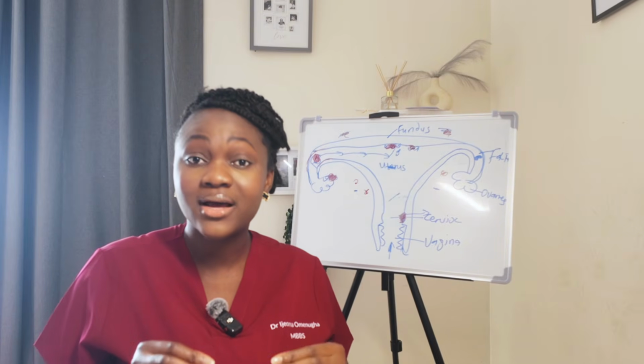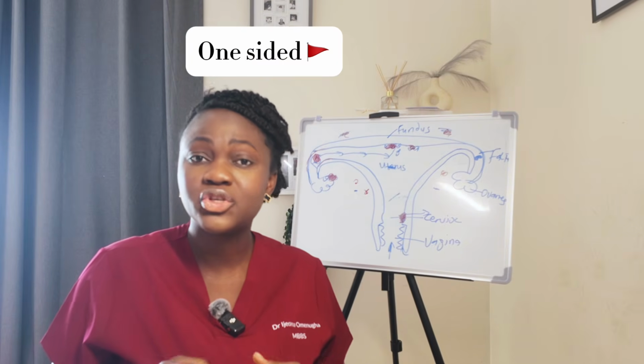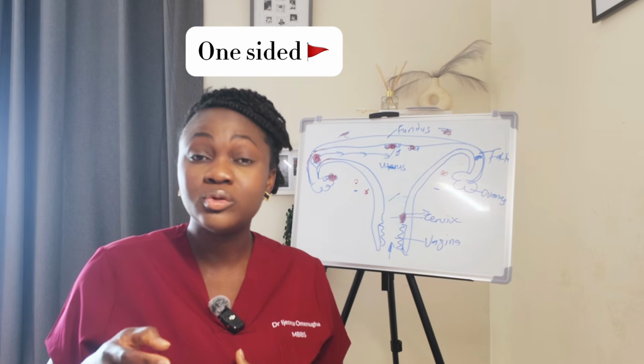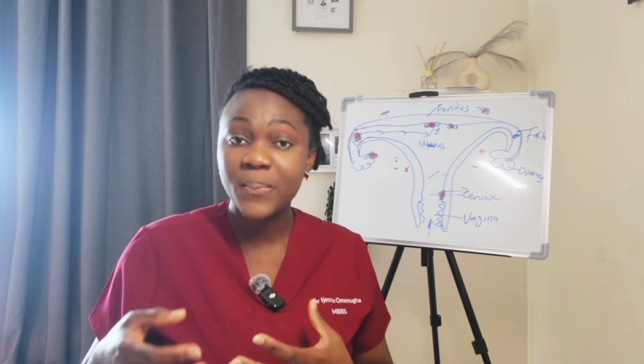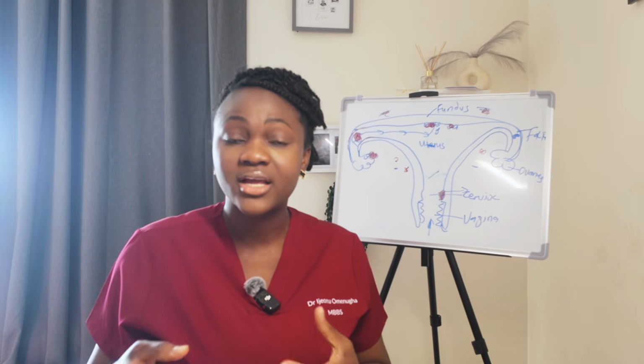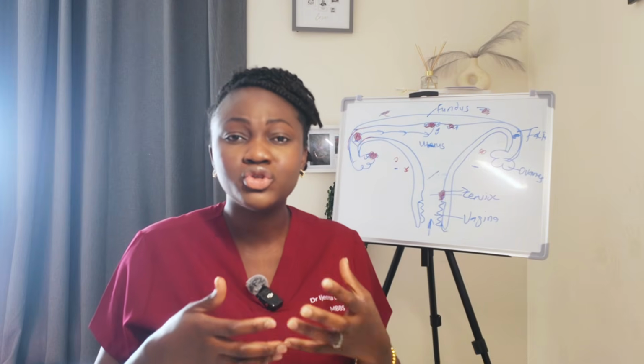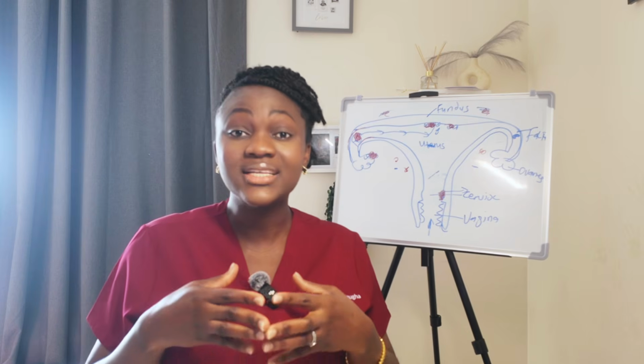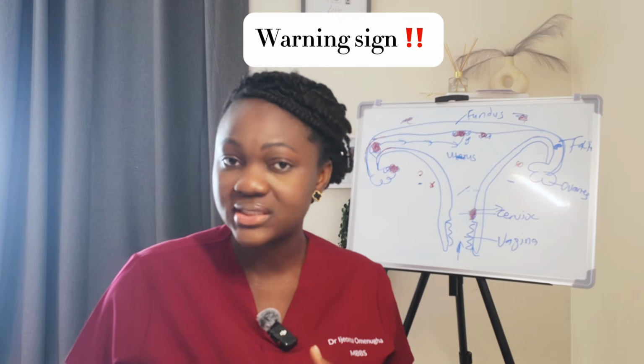But this abdominal pain that I'm describing is usually one-sided, and it would be much more painful compared to a period cramp. Normally, period cramps would be more central, in the middle, showing that it's coming from the uterus. But the cramp associated with ectopic pregnancy might be much more painful and usually lateralized to one side of the body. This is actually a warning sign.